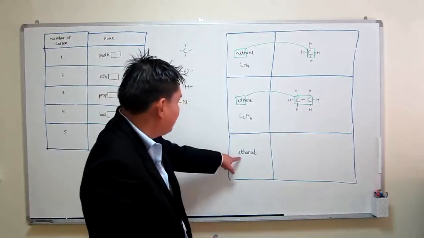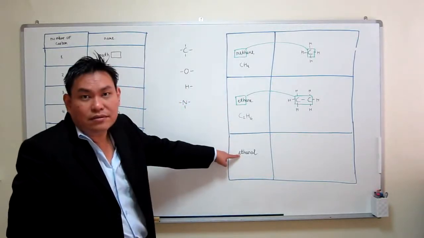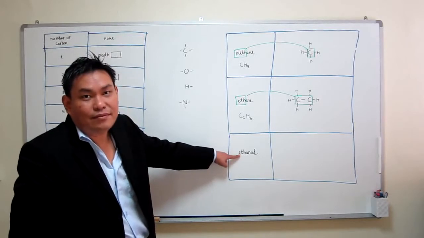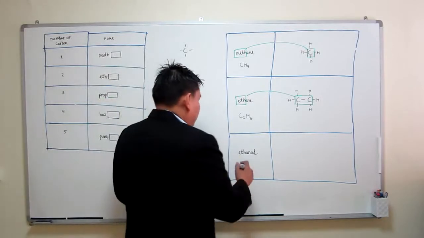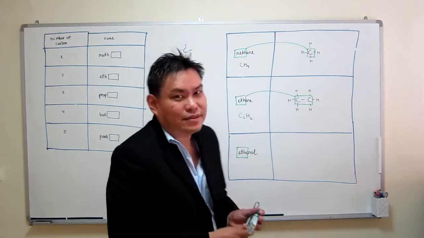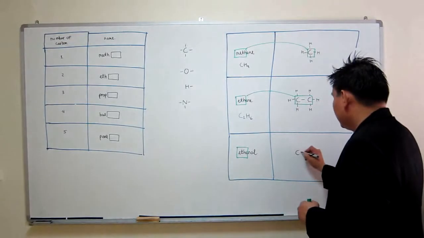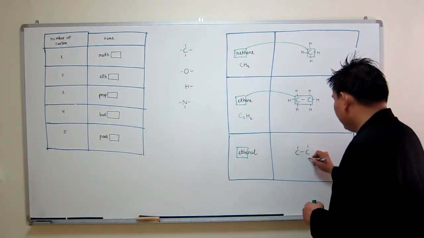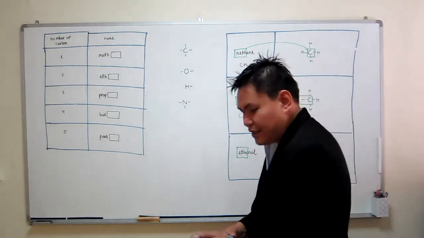The next one, you are asked to draw the structure of ethanol. Again, it contains the word eth, which means the organic compound contains 2 carbon. But there's one extra piece of information here.